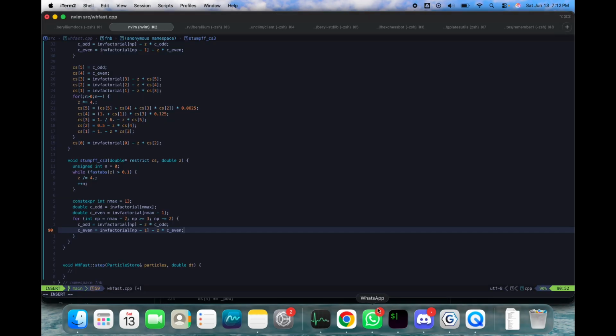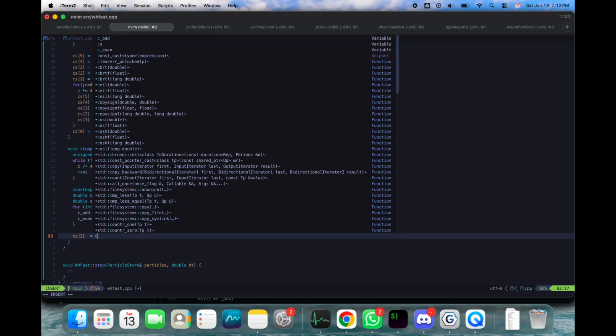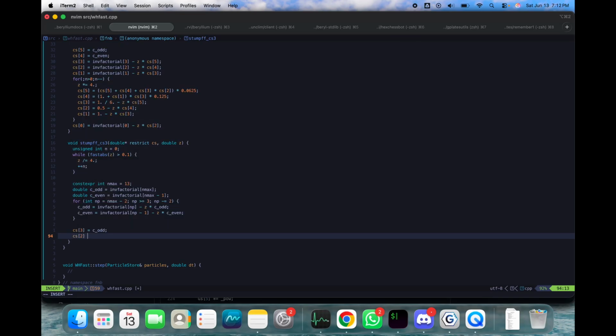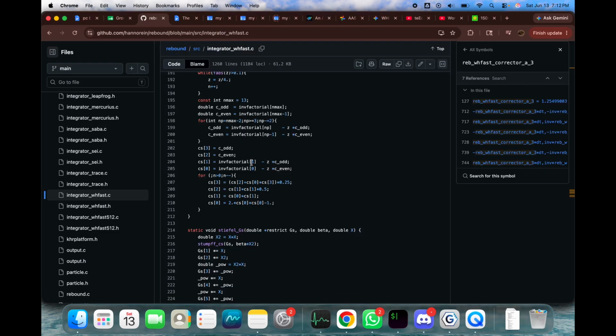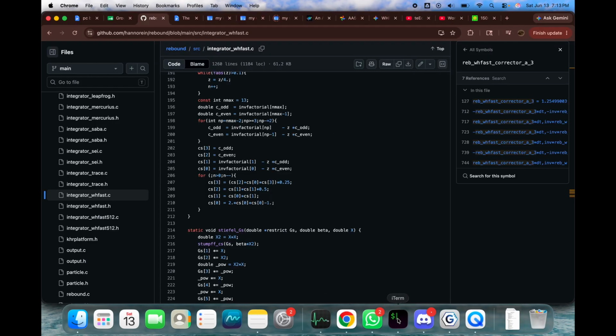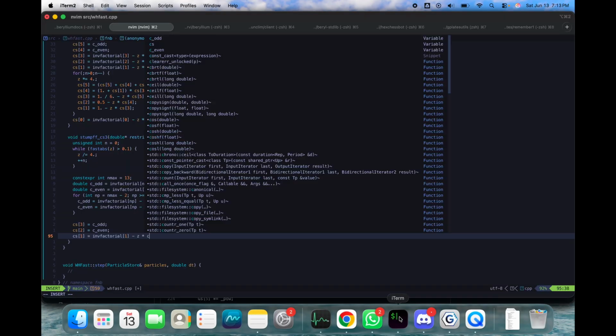So C3 is C odd, C2 is C even. And C1 is n factorial index 1 minus Z times C odd, and then C even.